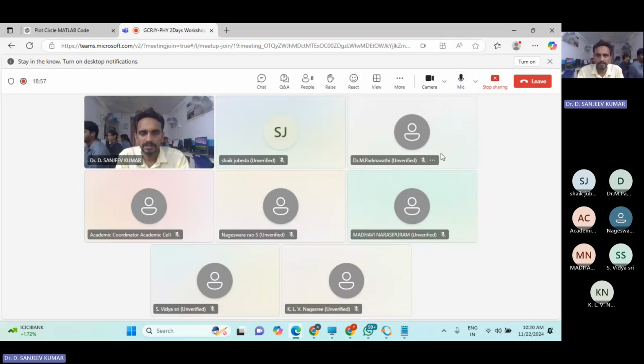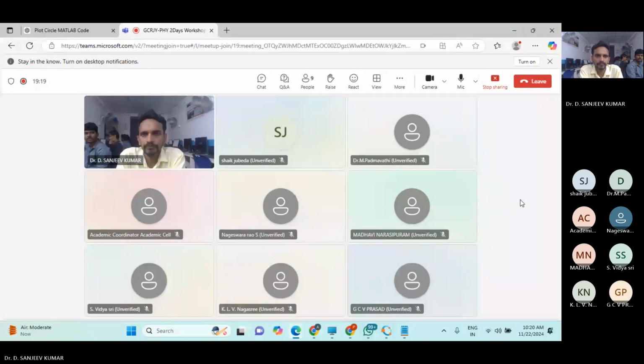Welcome to the second day of the National Workshop on MATLAB for Physicists. This is the first session in the second day. In the previous sessions, we have seen the basics of MATLAB, how to deal with matrices, and a few graph plotting techniques.